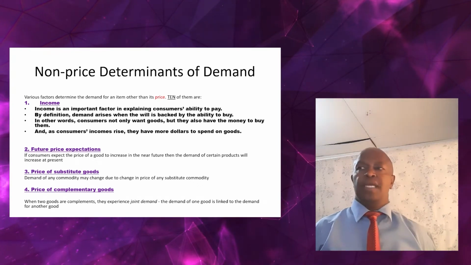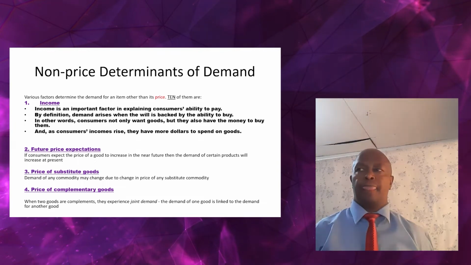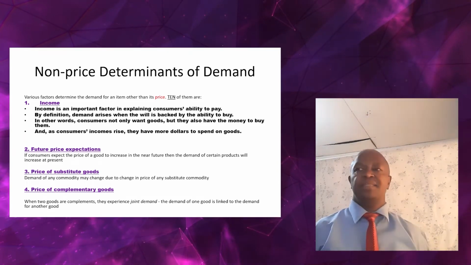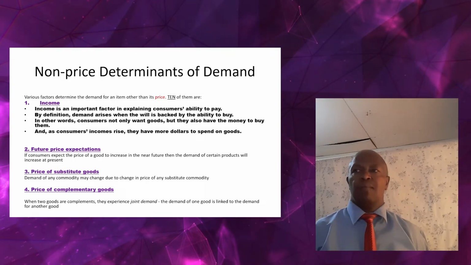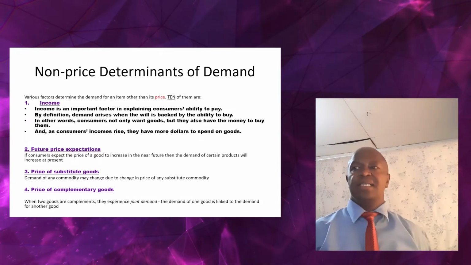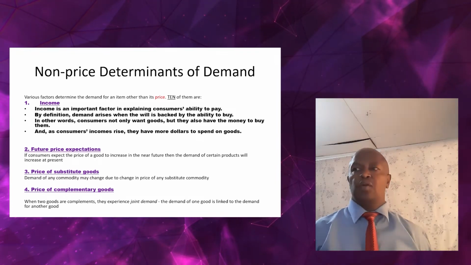Let's start with income. Income is an important factor in explaining consumers' ability to pay. By definition, demand arises when the will is backed by the ability to buy. In other words, consumers not only want goods, but they also have the money to buy them. And as consumers' income increases, they will have dollars or shillings to spend on goods.